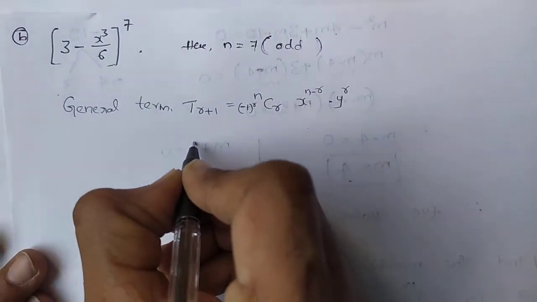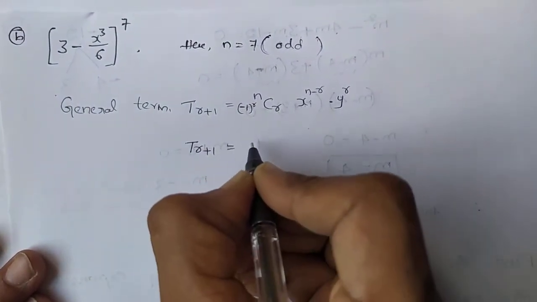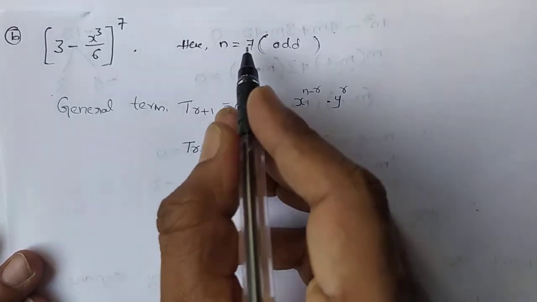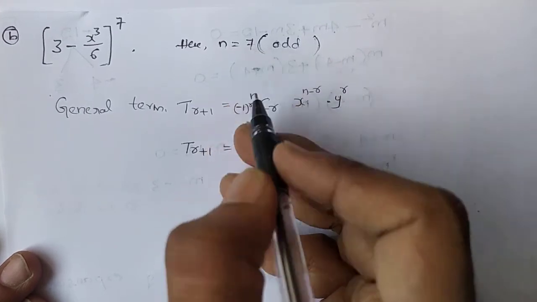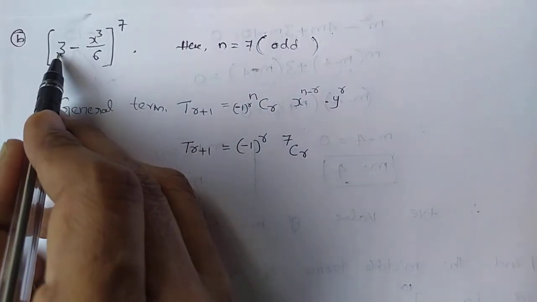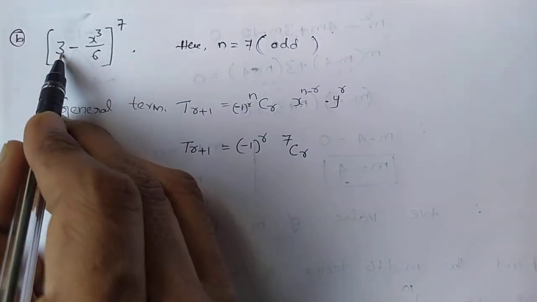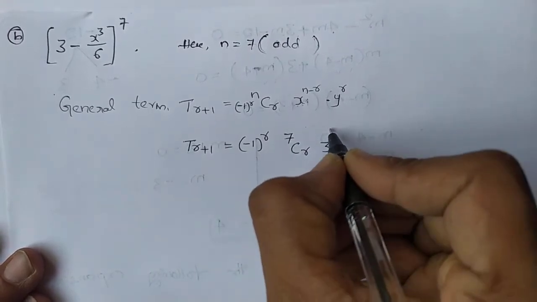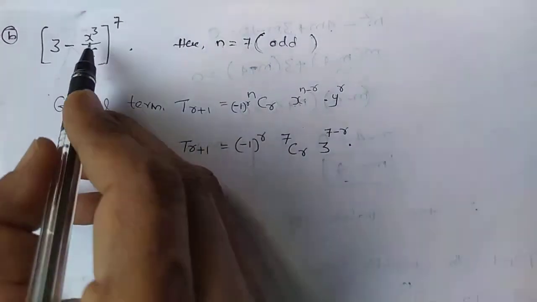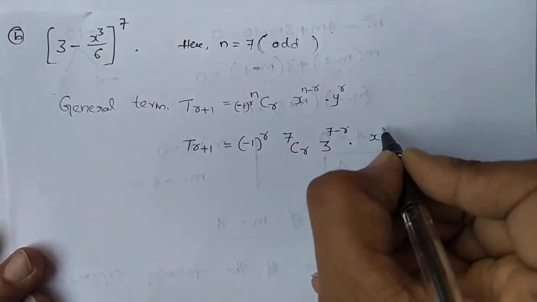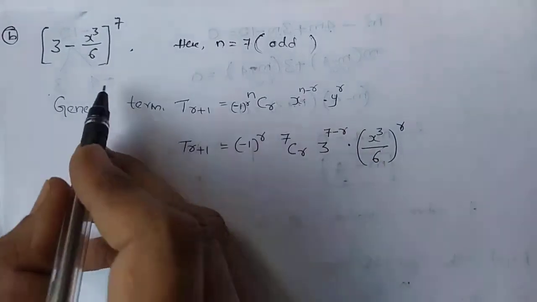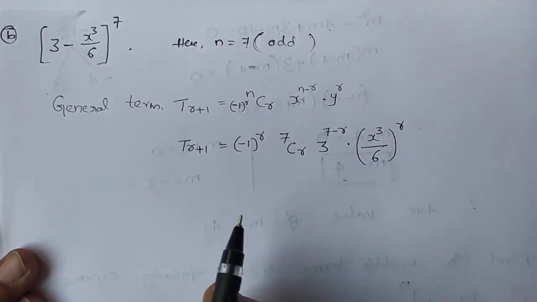Now, the general term T r plus 1 equals minus 1 whole power r, 7 C r. In place of x, we have 3, so 3 power 7 minus r, into y power r. In place of y, we have x cube by 6, whole power r.